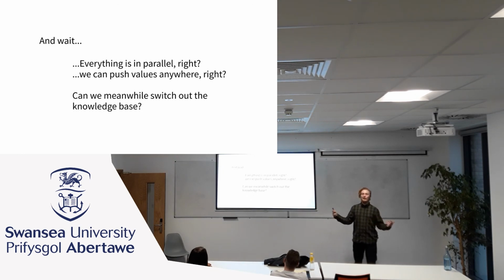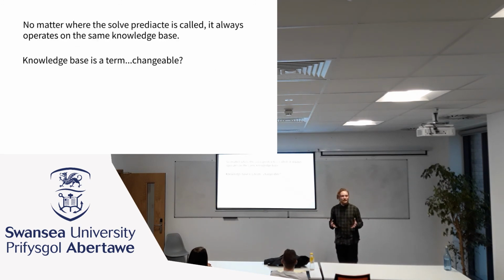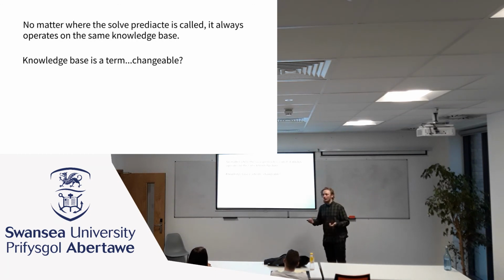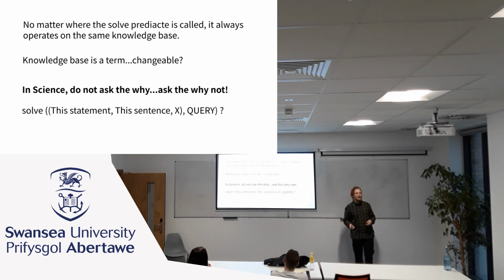Can we technically also change our knowledge base during the search? Any thoughts? The knowledge base is just a term, so it can also be an incomplete term with variables still in it. As soon as we can access these variables, we can push values in there. And the question in science is not the why, but the why not.